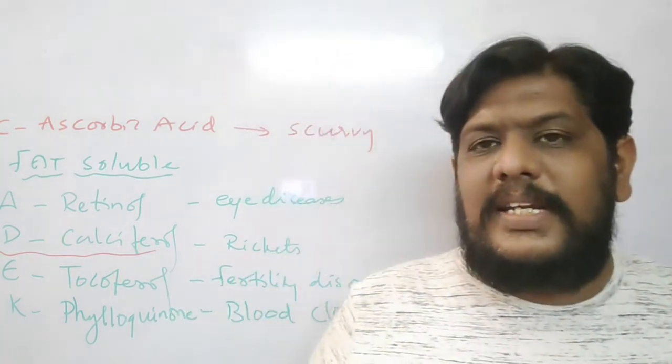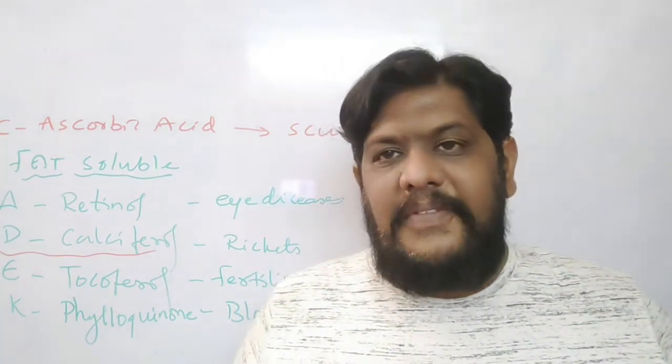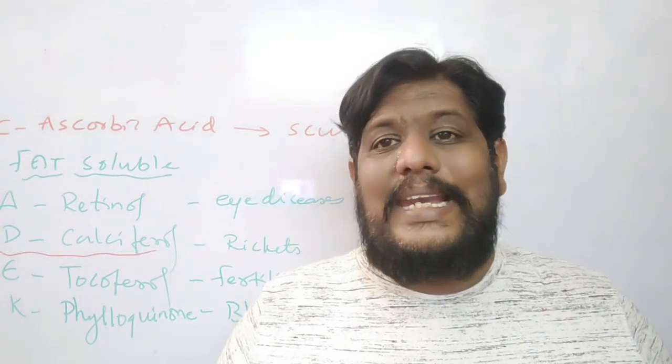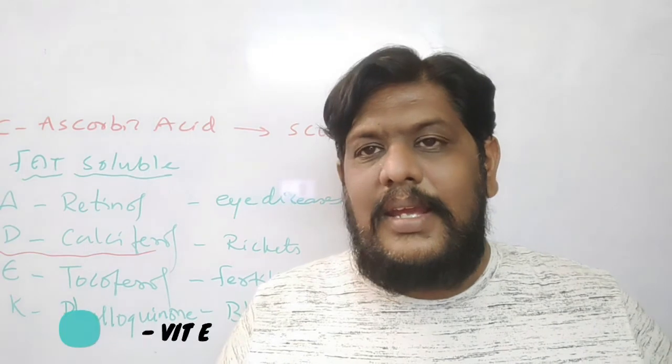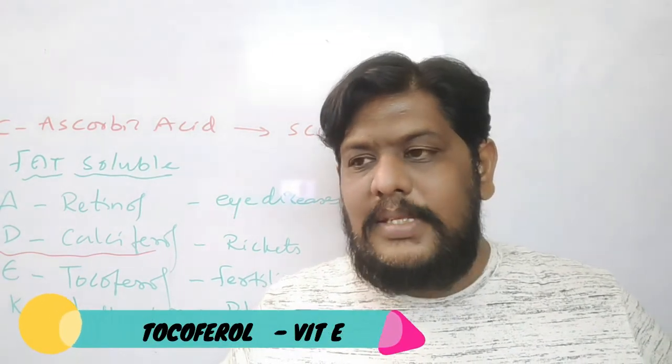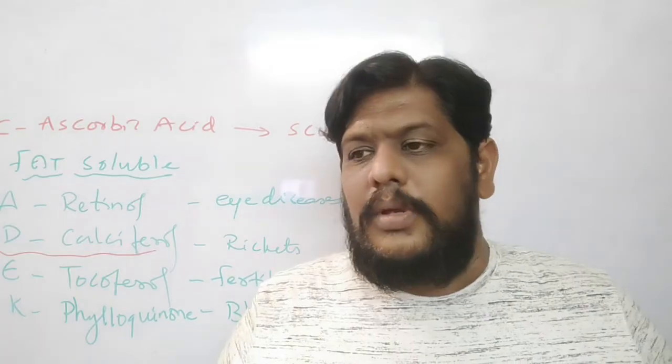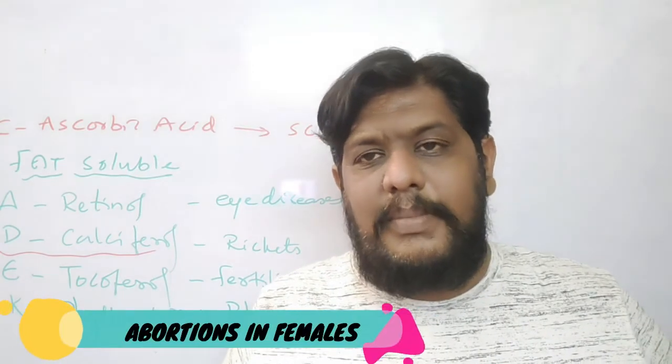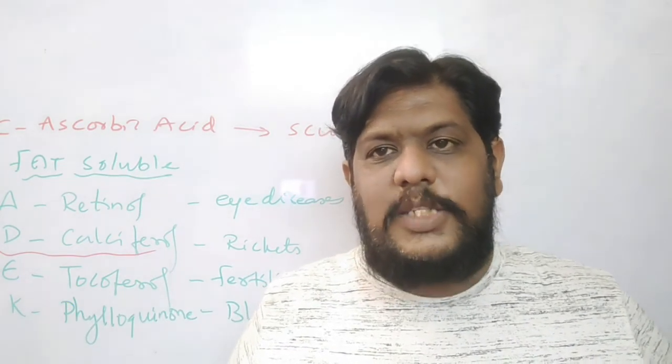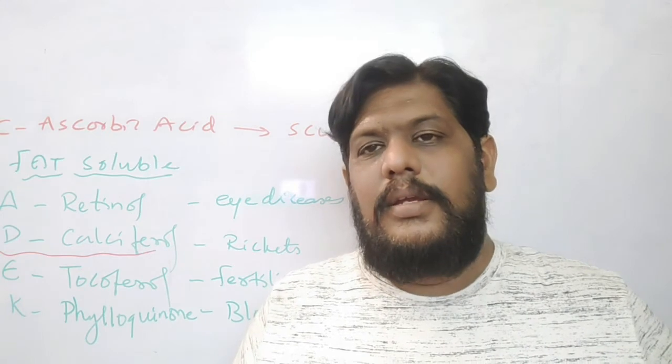Now, what is the deficiency disease? The deficiency disease is fertility disorder. The first problem is sterility in males, and the second is abortion in females. So even before the child is born, the child will get aborted.